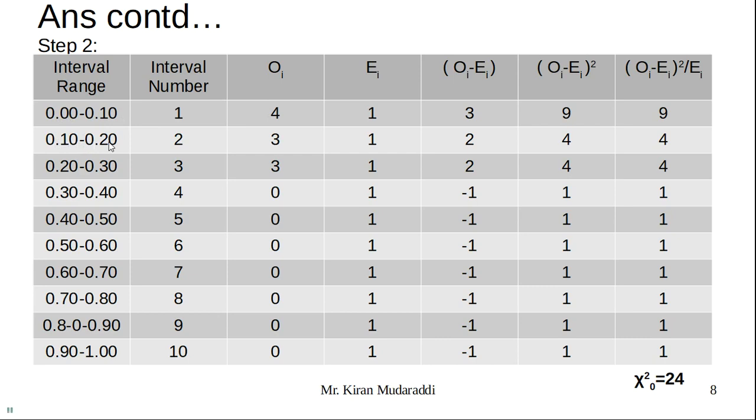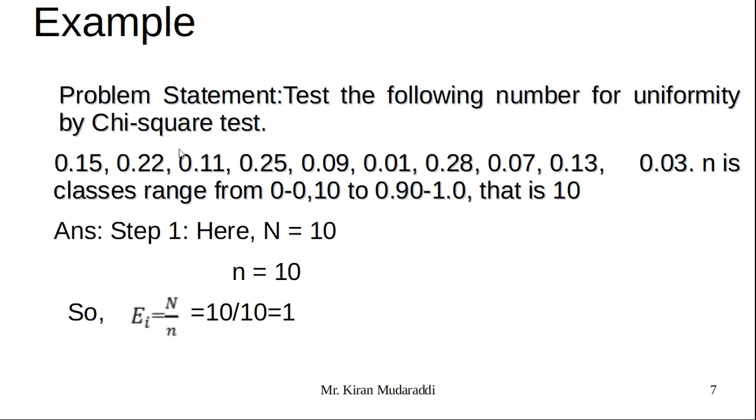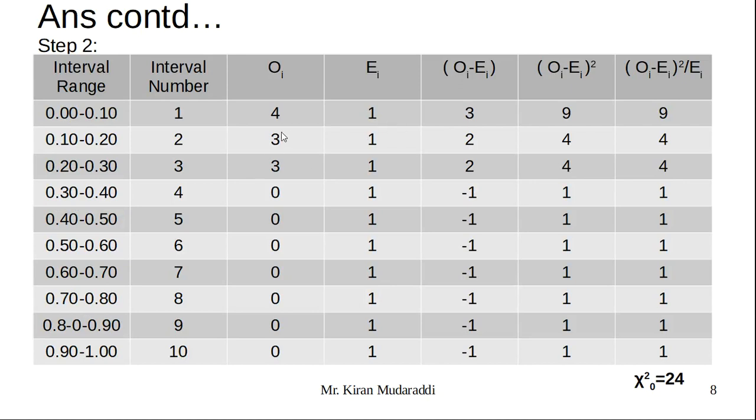In the given random numbers, how many are present in that range? 0.15, 0.11 and 0.13. Totally 3 numbers are in that particular range. Similarly, you need to find out.